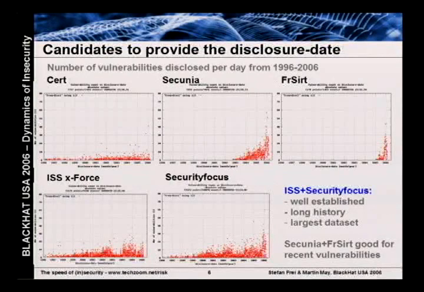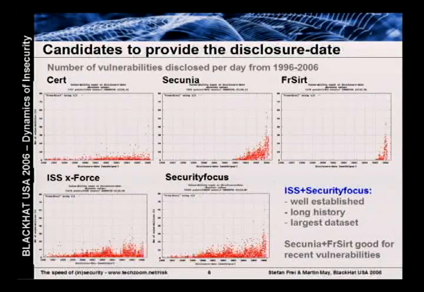CERT has a history that goes back even before 96, but the number of vulnerabilities and the speed with which they provide it was not good enough for our analysis. So we decided to take this information from both ISS X-Force and Security Focus. They both provide this kind of information for about 10 years.